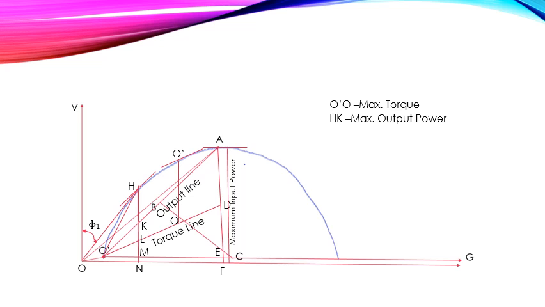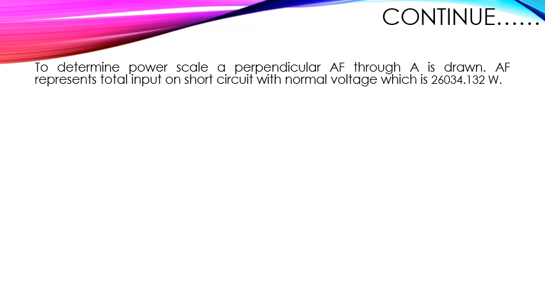So these are the energy components of the line current I1, and we will see how these are used to calculate the slip, power factor and efficiency at full load. So to determine the power scale, a perpendicular AF through A is drawn, that we have already seen.